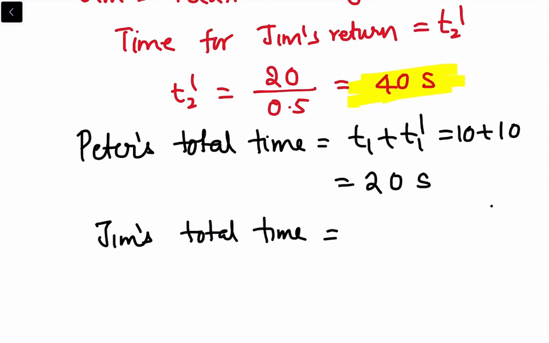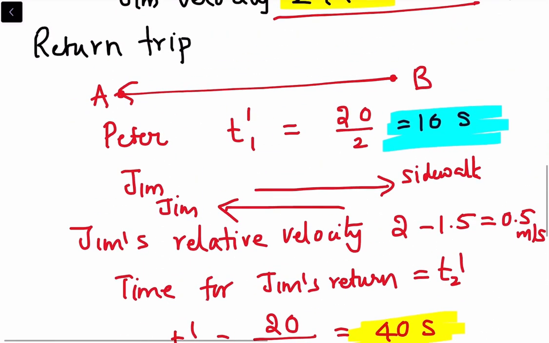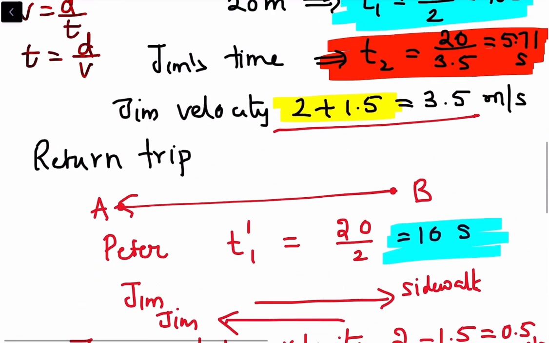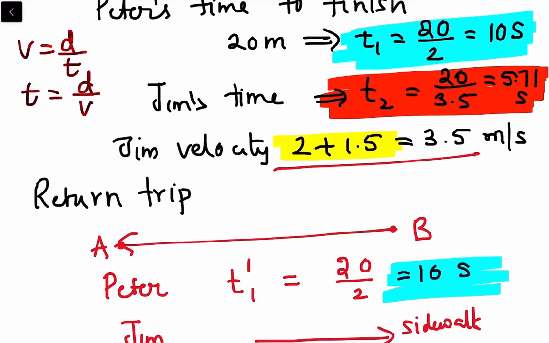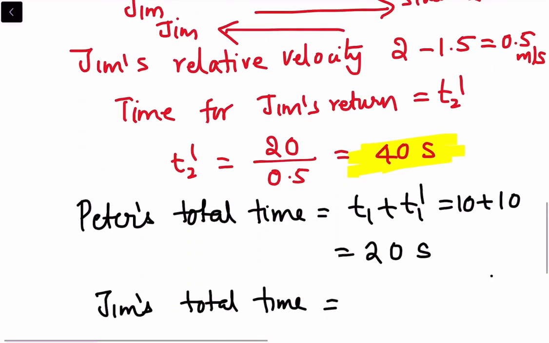Now Jim's total time. We can see here Jim's time in the red color is given as 5.71. Therefore, what is his total time? His total time is T2 plus T2 dash.